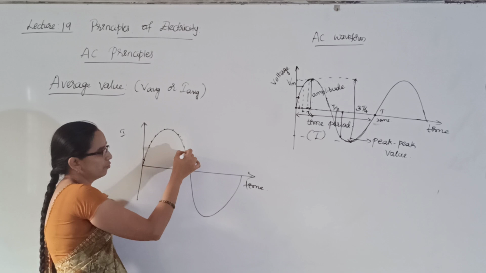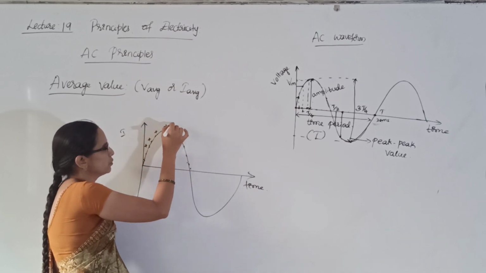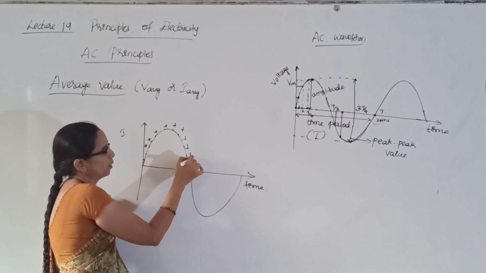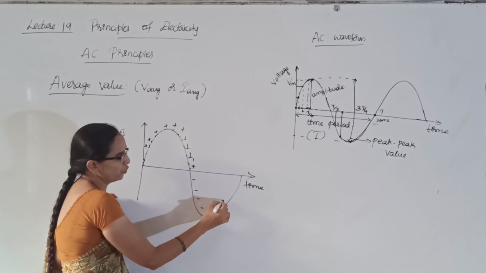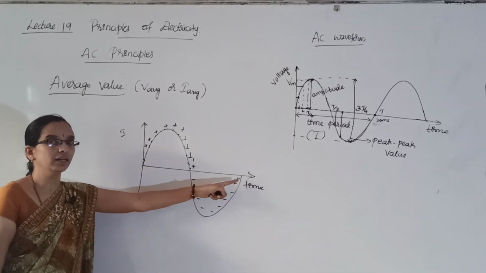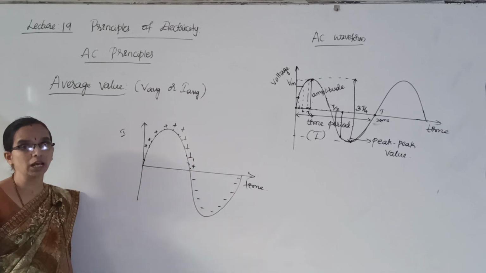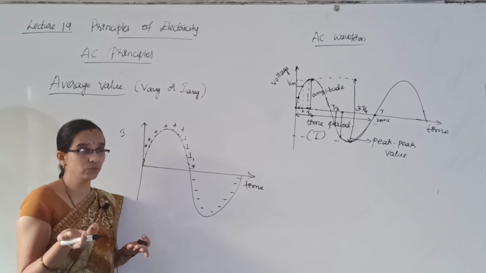If you take the values of current at regular intervals of time, in the positive half cycle you will get all the positive values of current. If you go to the negative half cycle, you will get all the negative values of current. At regular intervals of time, if you take positive and negative values, what happens? Both will cancel out. You will get average value 0.